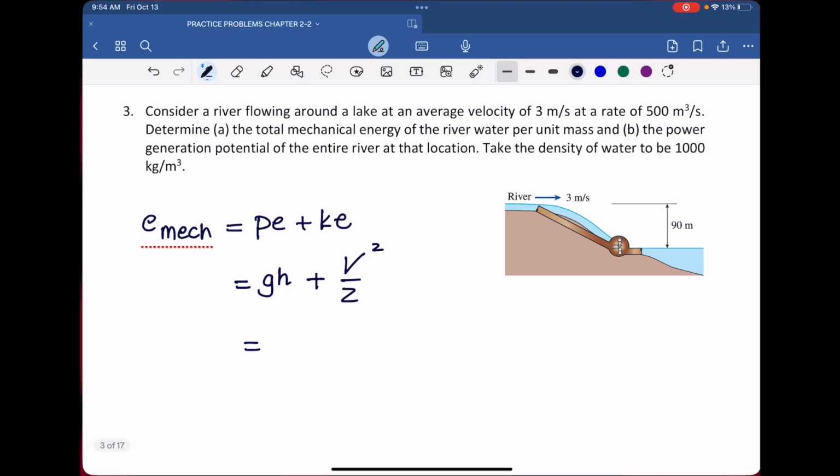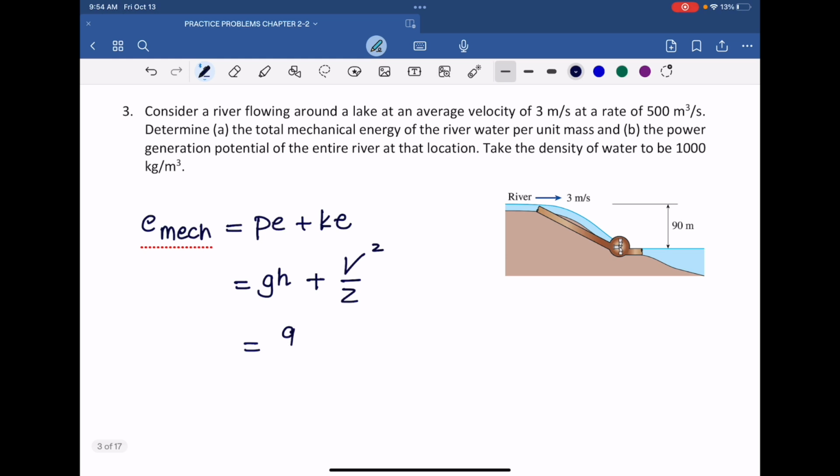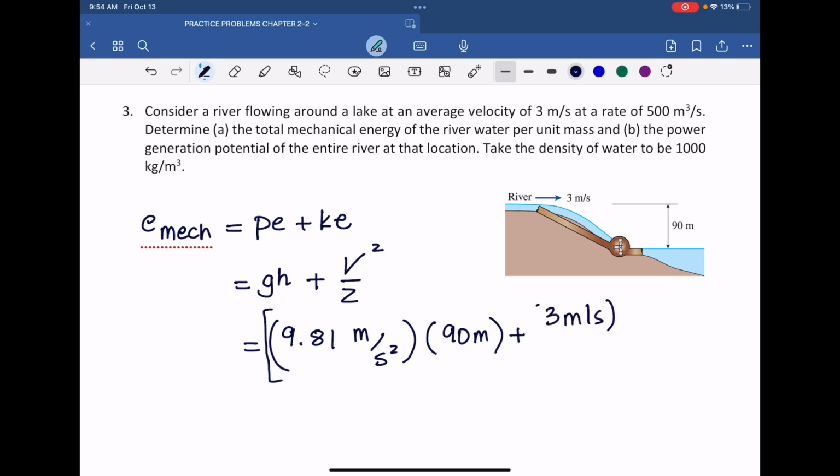So let's plug in and see. This is the value of gravitational acceleration. I should write all my units carefully. h is 90, plus 3 meters per second squared over 2.